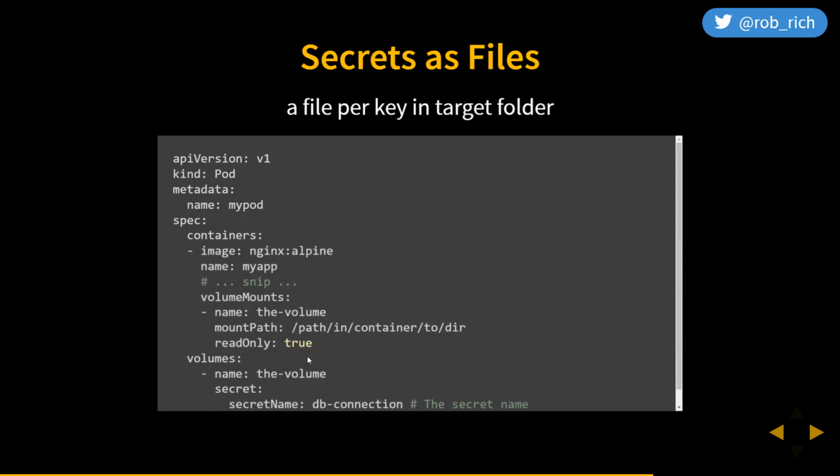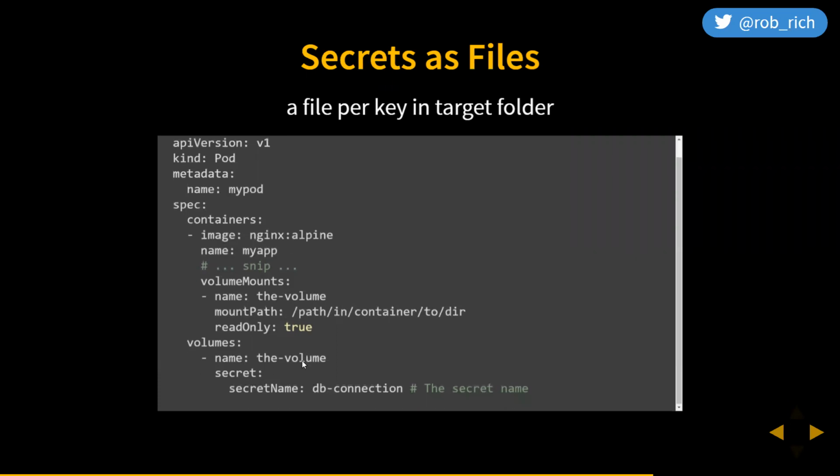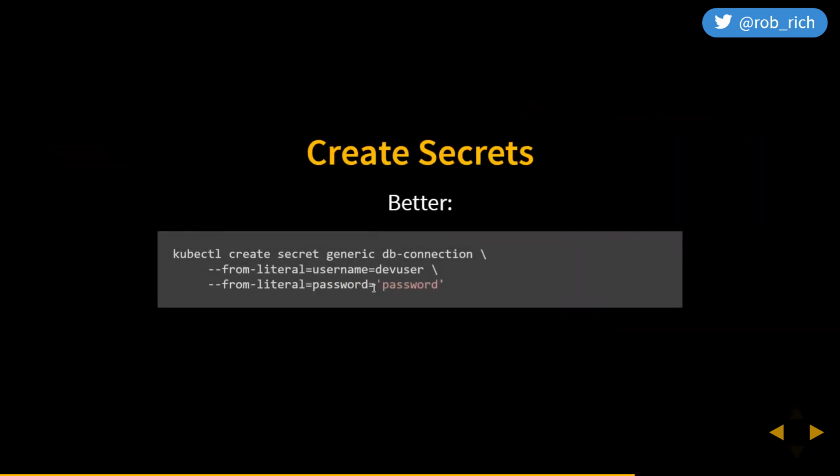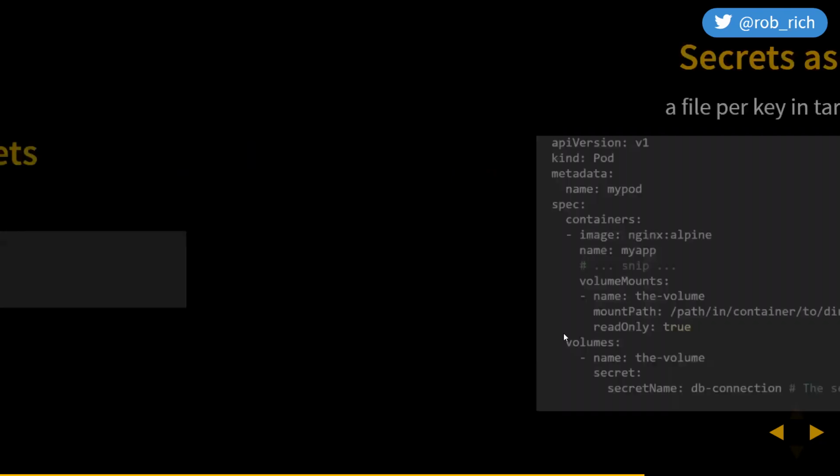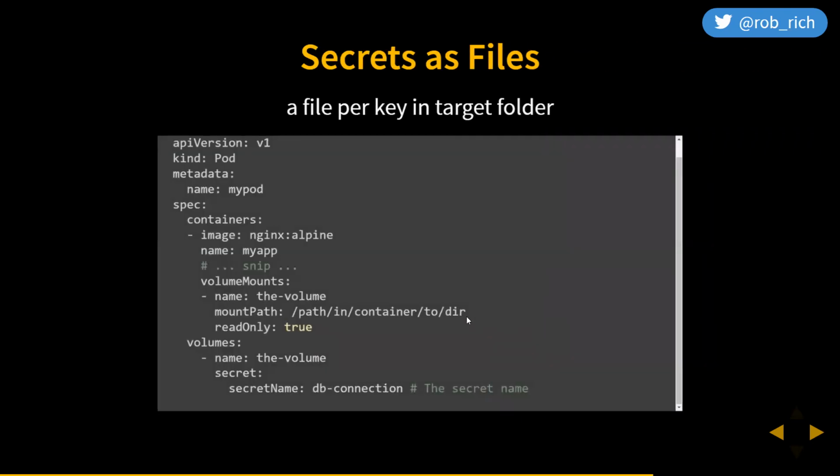I'm going to mark it as read-only, just to emphasize that no application can write secrets, but of course they're read-only anyway. And then as I define how that volume works, I'll just point it at that secret name. So inside this directory, because I've defined my secret this way with these two keys, I will have two files. I can open up each file, read the contents, and get at the value.